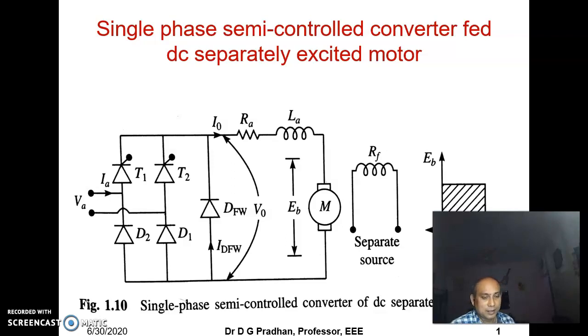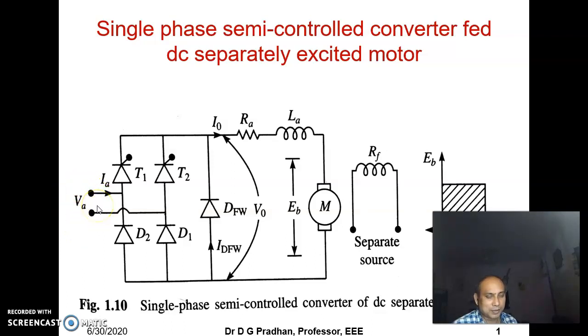So what is the average value of the output voltage here? The input voltage Va is nothing but Vm sin omega t. This is the single phase supply.